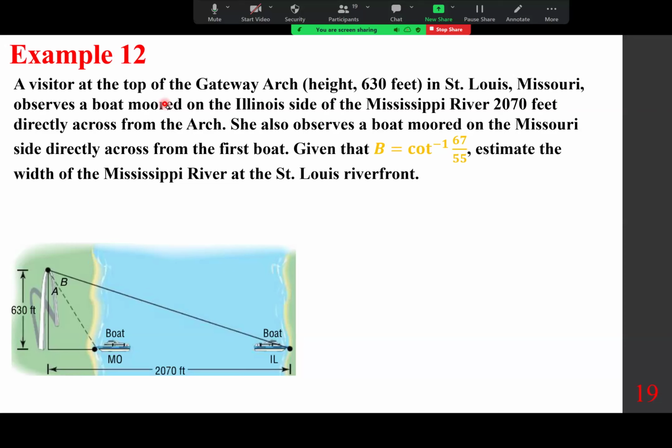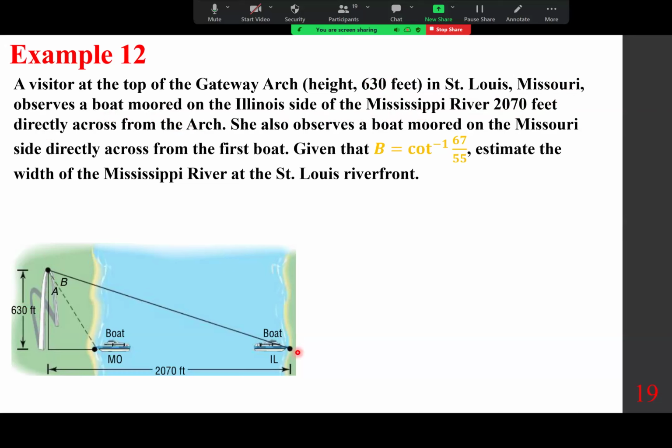A visitor at the top of the Gateway Arch, which is 630 feet, in St. Louis, Missouri, observes a boat moored on the Illinois side of the Mississippi River, 2,070 feet directly across from the arch.